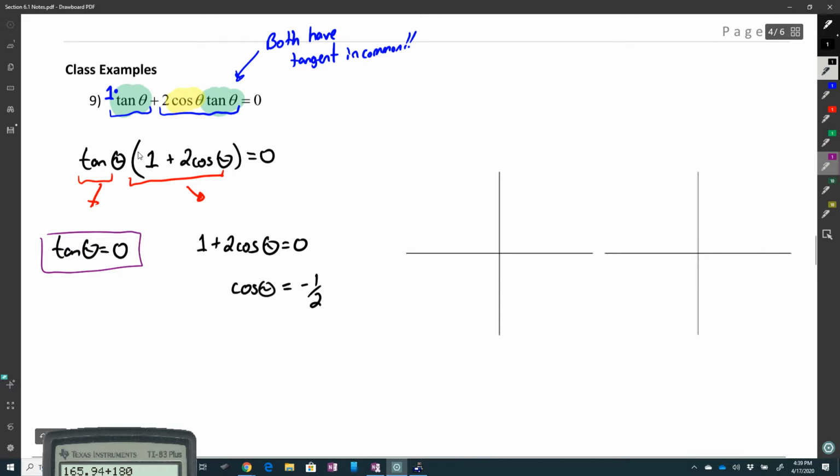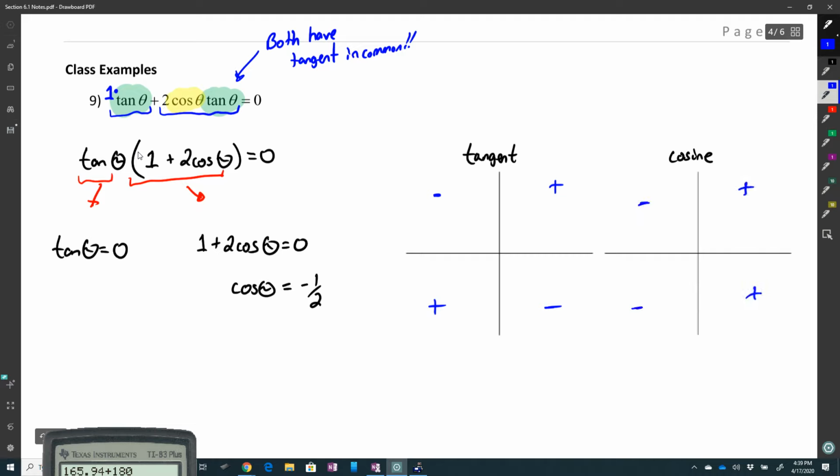Okay? And so these are the 2 that I'm looking at. One is a tangent, the other is cosine. I know tangent is positive, negative, positive, negative. Cosine is positive on the right, negative on the left.